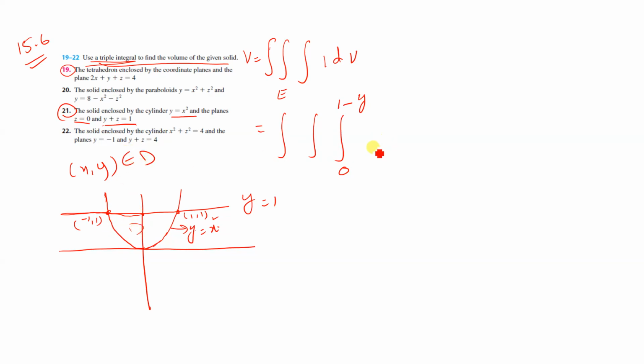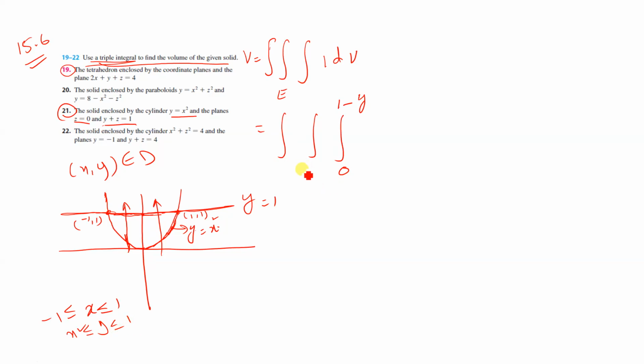x, y belongs to D. And for z we already have determined the lower and upper bound. So you can see that x lies between negative 1 and 1 in this region. Whereas if we draw vertical lines, y is bounded below by this curve, along which y is x square, so y is greater or equal to x square, and y is bounded above by this line, along which y is equal to 1, so y is less or equal to 1.